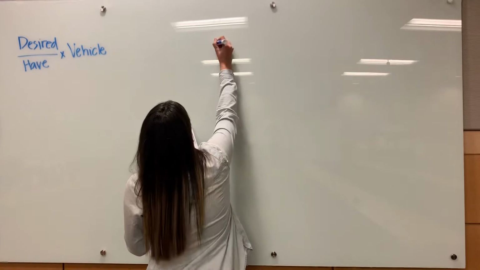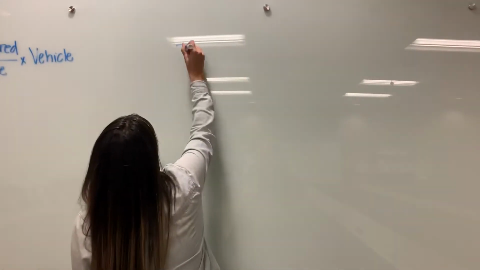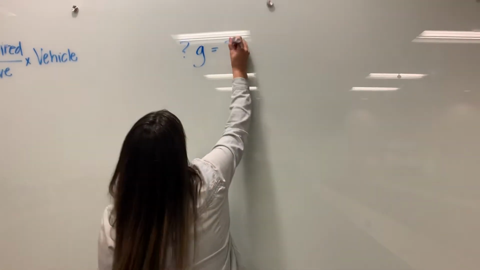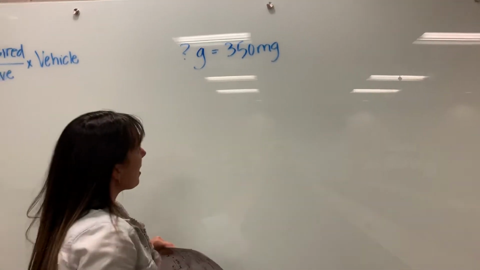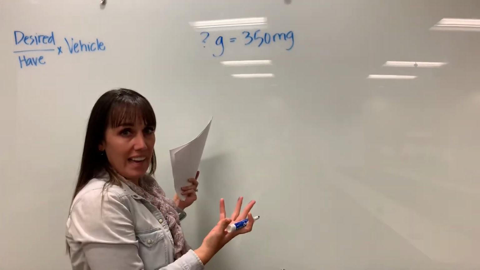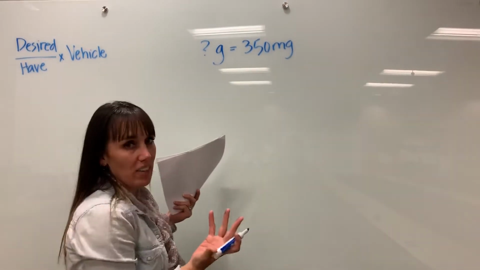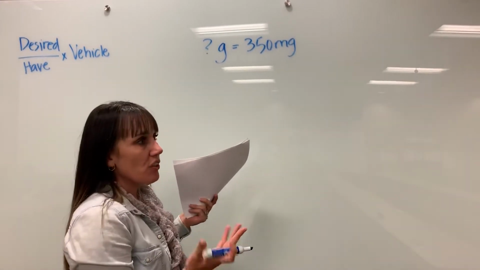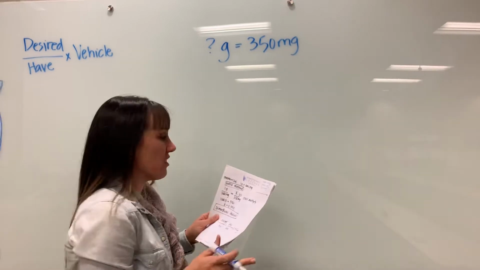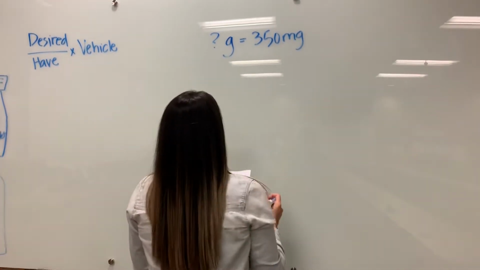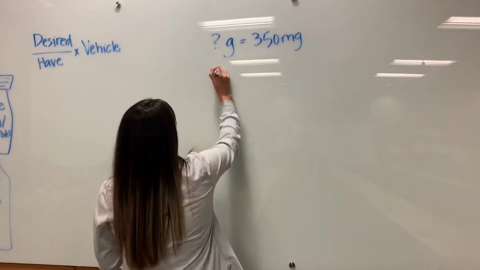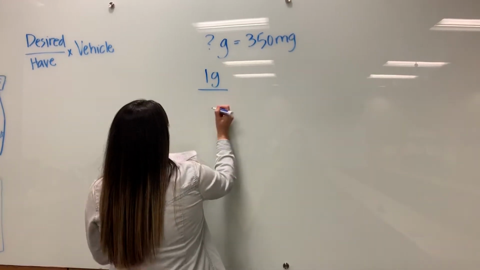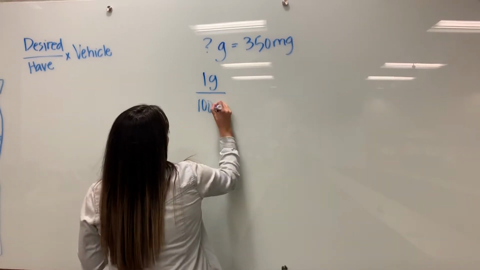So if I'm wondering how many grams there are in 350 milligrams, a lot of you can just look at that and know, but I'm going to show you the different ways to calculate that using ratio and dimensional analysis. So we have to know our basic conversions, which is that 1 gram equals 1,000 milligrams.